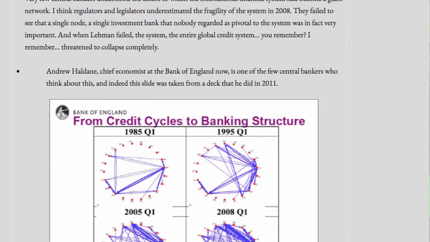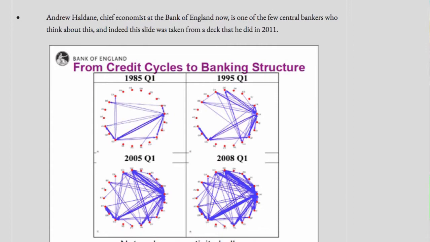They failed to see that a single node, a single investment bank that nobody regarded as pivotal to the system, was in fact very important. And when Lehman failed, the entire global credit system, you remember? I remember, threatened to collapse completely.